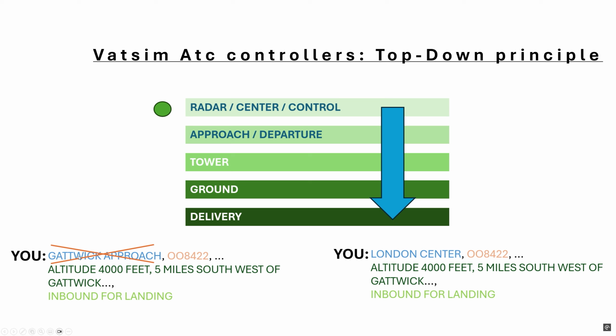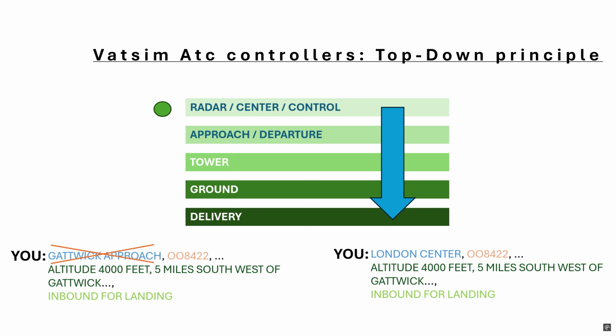So that would have been Gatwick approach, Oscar, Oscar 8422, altitude 4,000 feet, 5 miles southwest of Gatwick, inbound for landing. But as approach is not available and the first bubble up is center, we will say London Center, Oscar, Oscar 8422, altitude 4,000 feet, 5 miles southwest of Gatwick, inbound for landing.